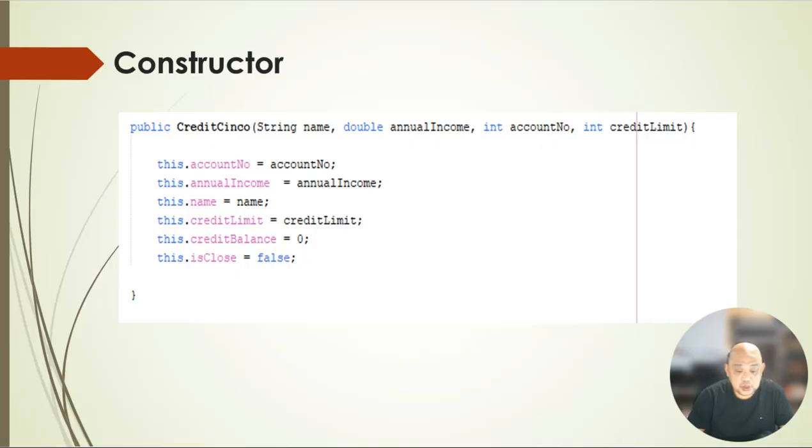Here is the constructor, which accepts parameters such as string name, double annual income, int account number, and int credit limit, then assigns 0 for the credit balance as the balance is zero after account creation, and assigns false to is closed.